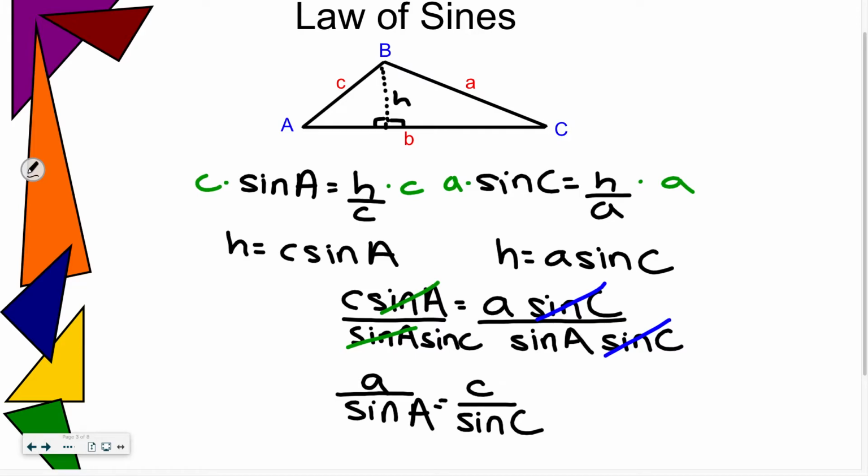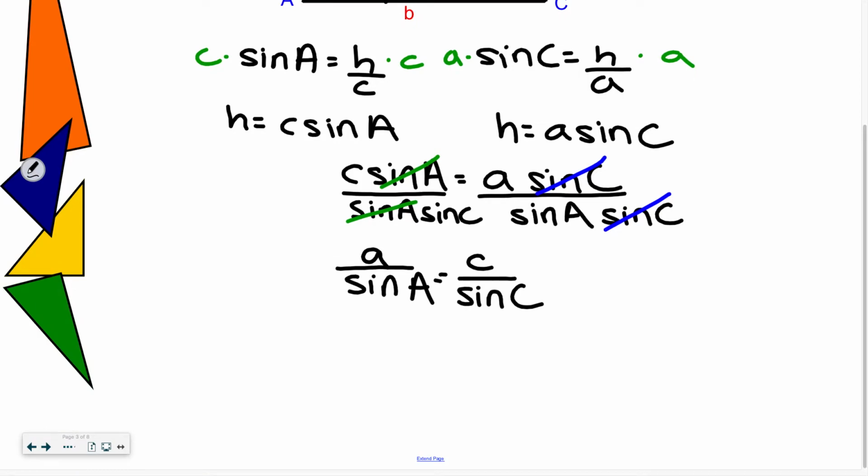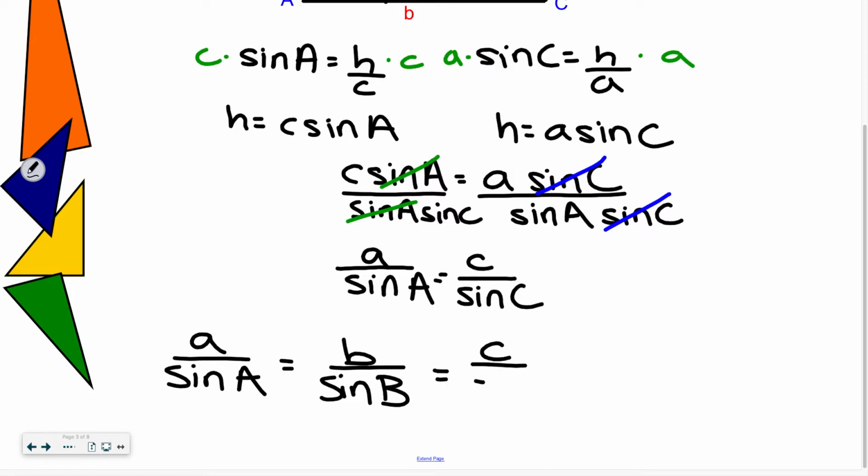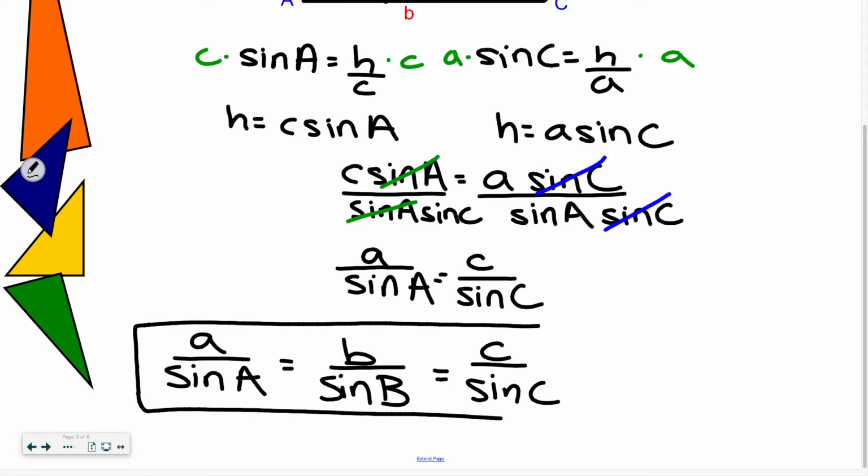And what I'm going to find, to finish off the law of sines, this is the full law of sines, is that it's true for the B's as well. B over sine B equals either the C over sine C or the A over sine A, whichever way you tend to draw your altitude. But then by transitive, they're all equal to each other. So make sure you get this final formula down. This is the law of sines.